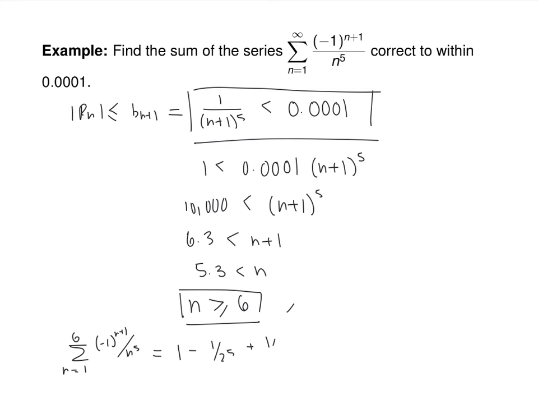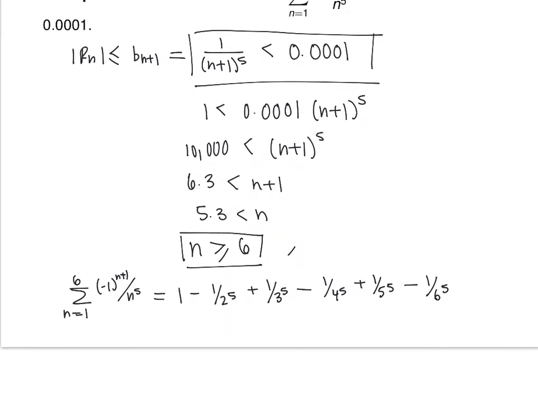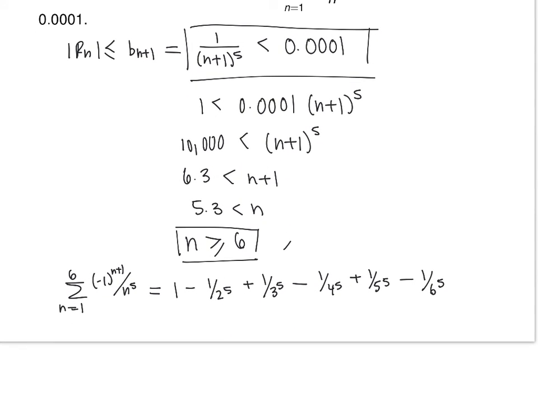Input 3, plus 1 over 3 to the 5th, minus 1 over 4 to the 5th, plus 1 over 5 to the 5th, minus 1 over 6 to the 5th. And you can take that and put it in a calculator, and you get that this sum is approximately 0.97208.